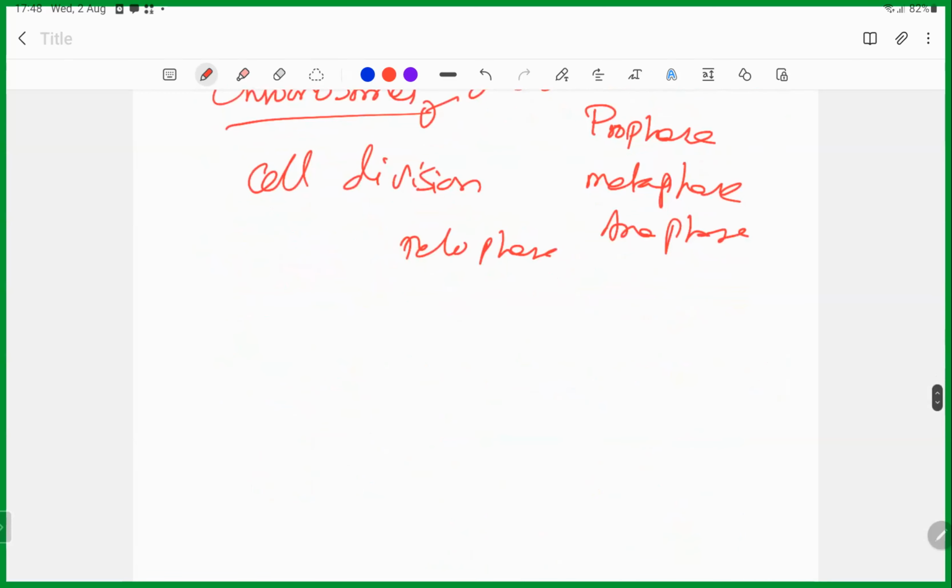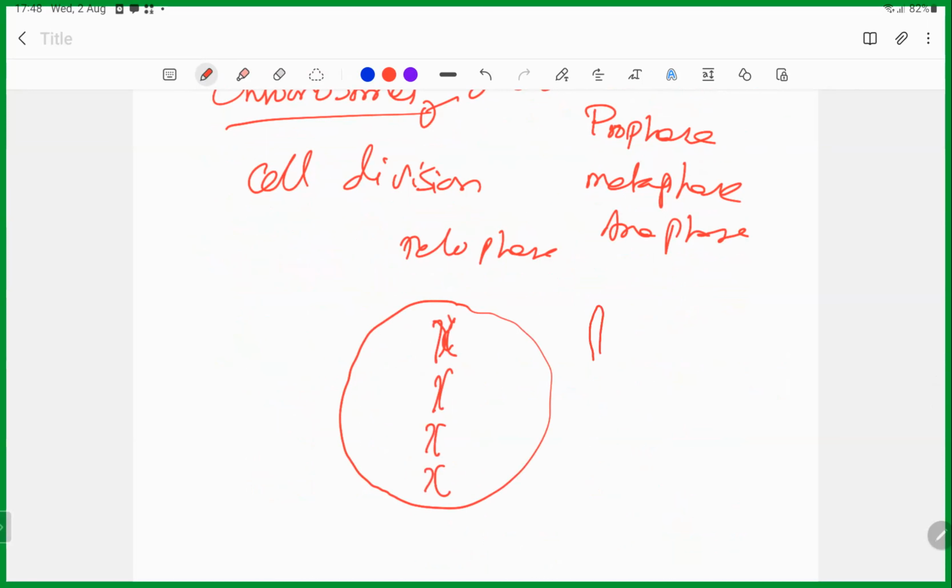And here in metaphase only, if this is the cell, the chromosomes are aligned in the metaphase plate. Okay, like this. That time only they get this structure, and this is the basic structure of chromosomes. Can you see?